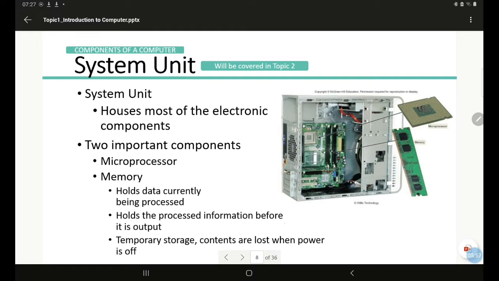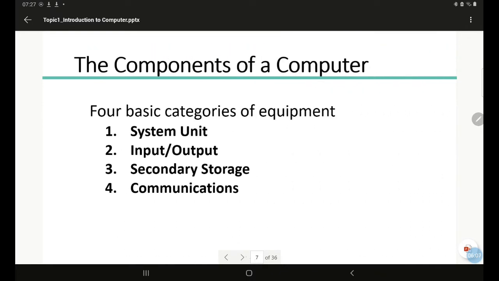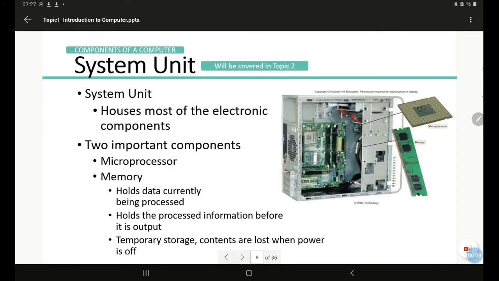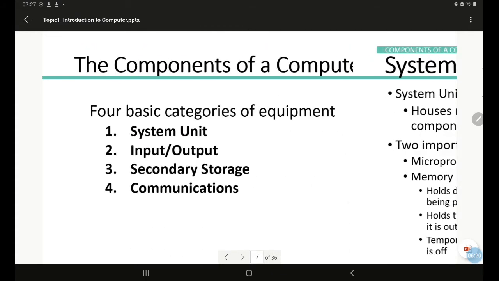So what is the system unit? It houses most of the electronic components. The two main components are the microprocessor and memory. This is the microprocessor and this is memory. All are inserted or locked onto a motherboard.